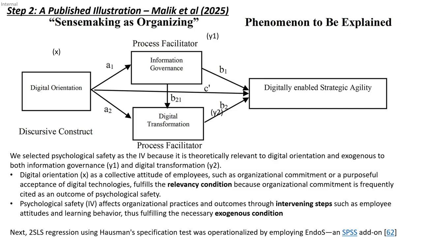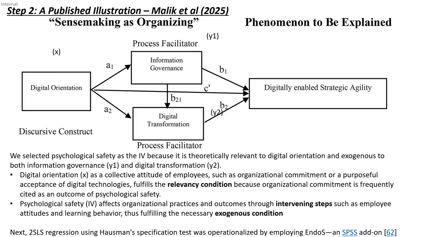What we did was we chose psychological safety because we had plenty of literature support for it to be theoretically relevant to digital orientation. I've just mentioned some of the reasoning here; you can go and read the exact reasoning in my paper.